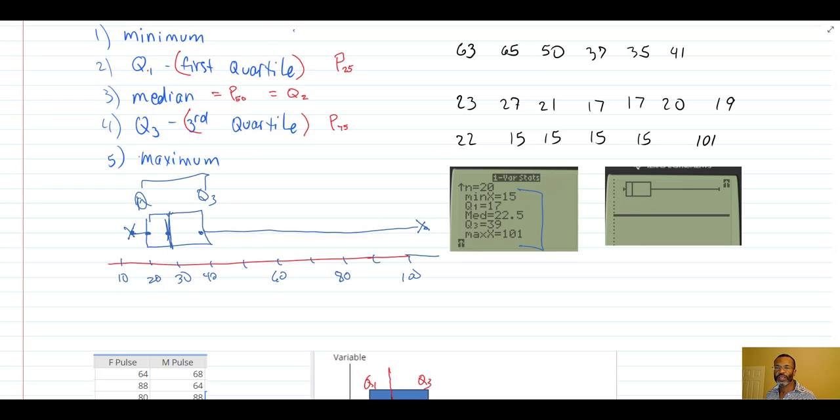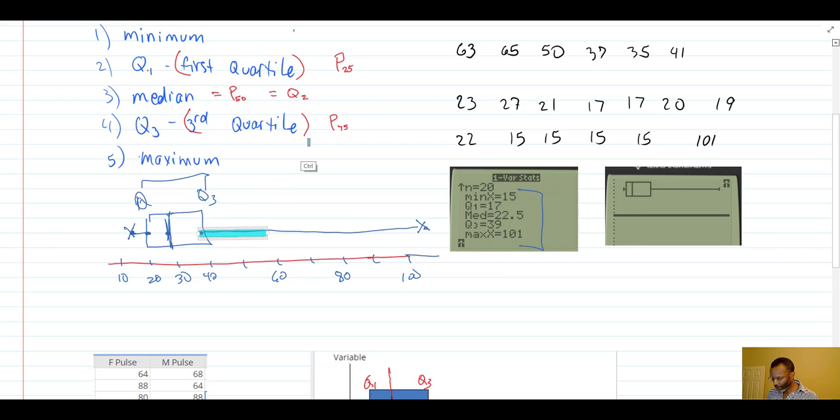Let's draw that here. This is a so-called interquartile value. That is the Q3 minus Q1. It's that difference. So if I add it to Q3, I'm that far over.